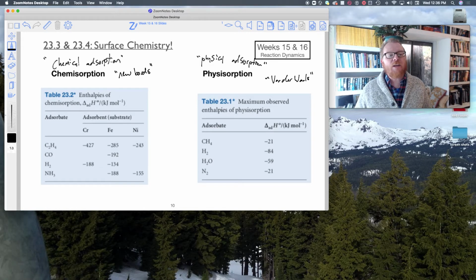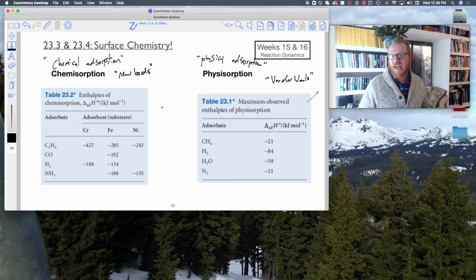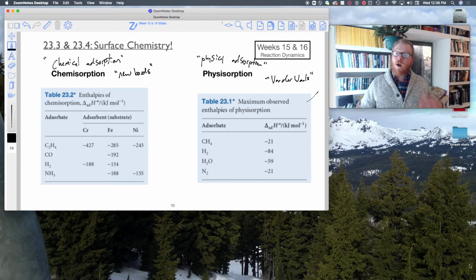So, to me, interesting stuff is what happens in this debate, or trying to determine if something has been physisorbed versus chemisorbed. And certainly for people who are in the business of molecular engineering, so people who are interested in creating new molecules for materials, you might be purposefully trying to chemisorb something. What I study in atmospheric chemistry in the natural world is just trying to work out, has something been chemisorbed or has something been physisorbed?